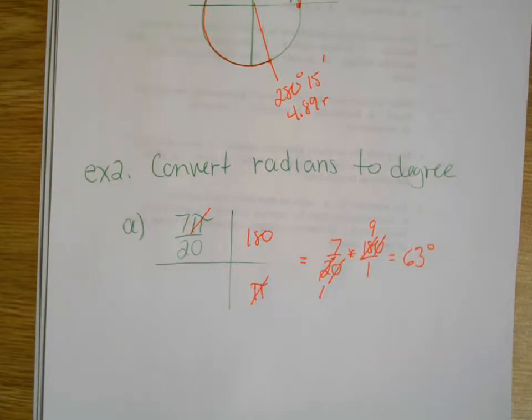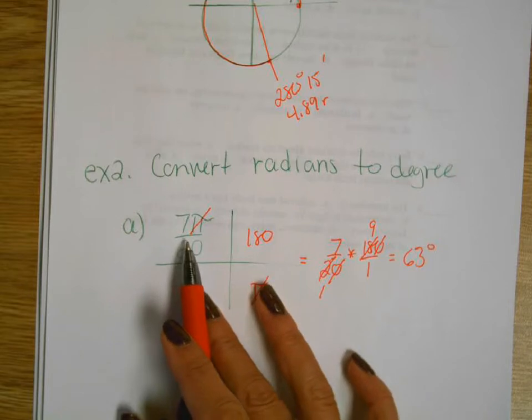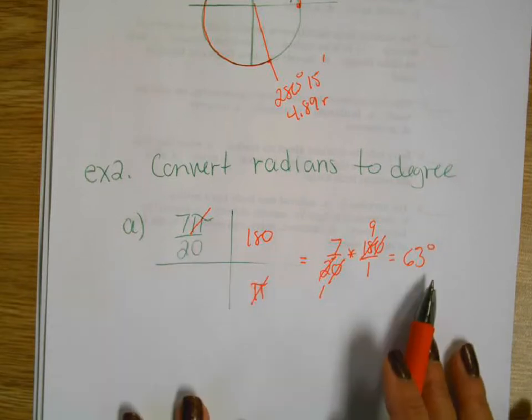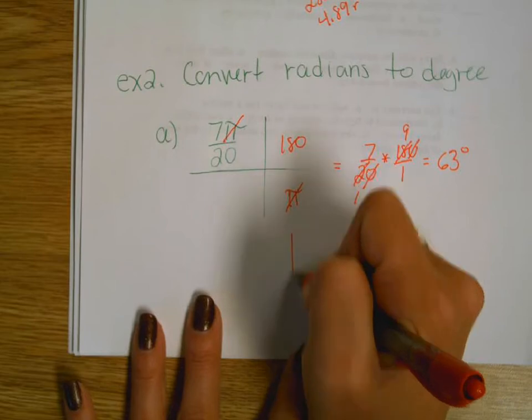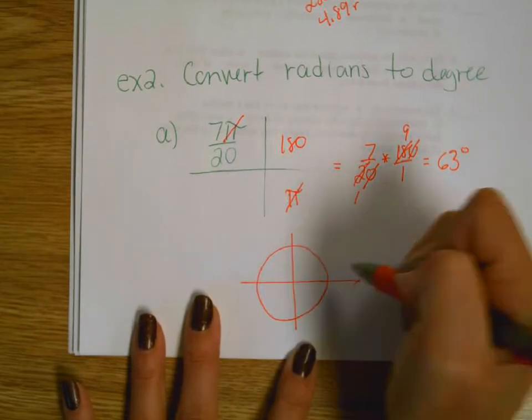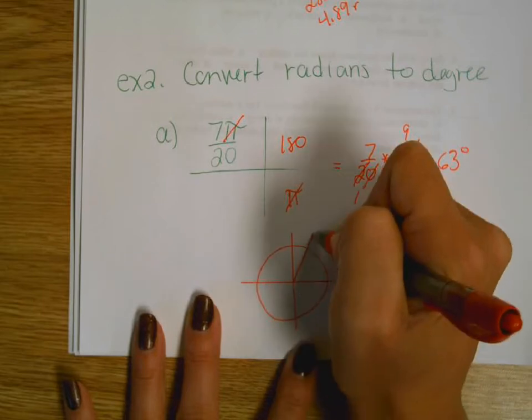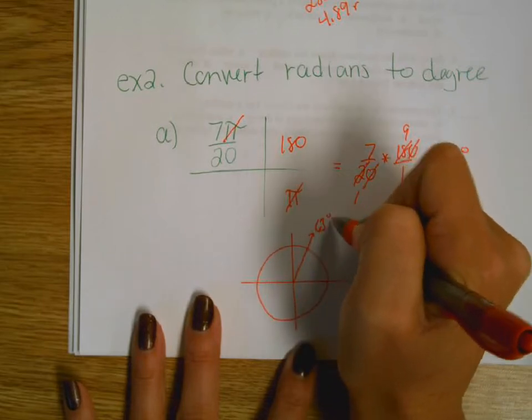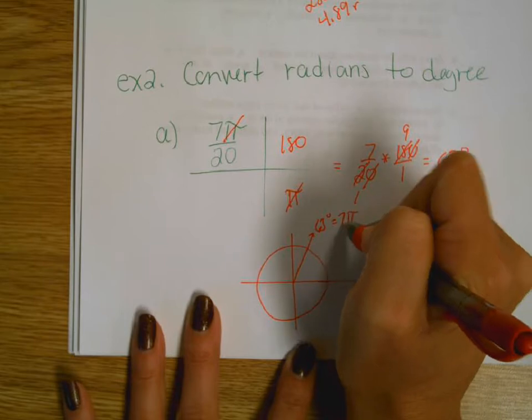So now I know it's in the first quadrant. 7 pi over 20 has no meaning to me until I turn it into something. So 63 is about here. That's 7 pi over 20.